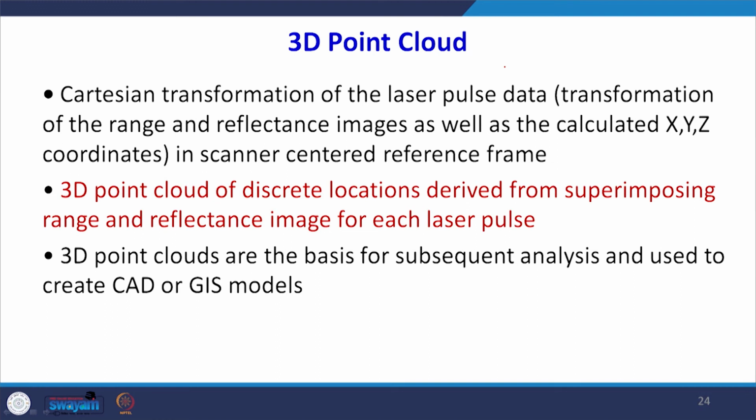So you do the cleaning of the 3D point cloud data, and at the end you get the x, y and z data, which is error free, and we can directly use either CAD software or GIS based software to create 3D models of the area.